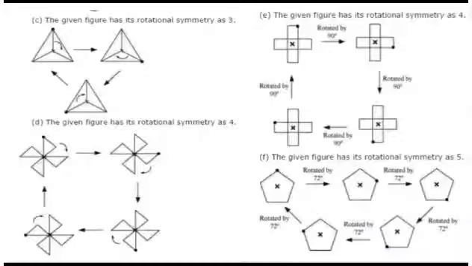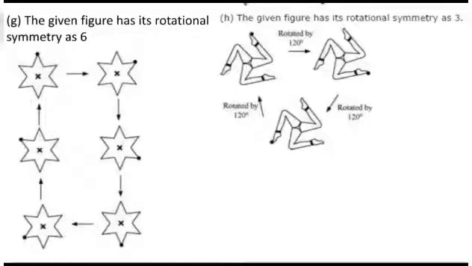Now let us move ahead, students. The next question is G. Again, as you can see, this is a regular star which has 6 equal parts. Could you see? And that's why the rotational symmetry will have the order of rotation as 6.